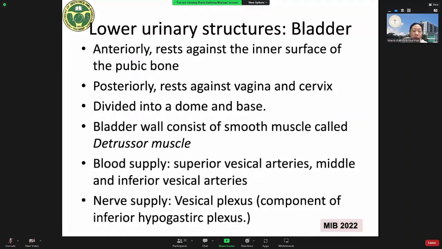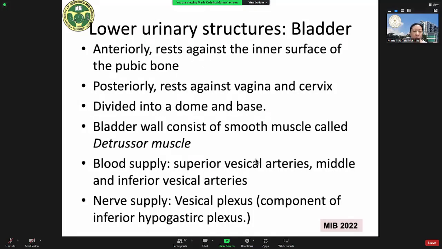Okay, let's proceed with the adjacent organs to the internal genital organs, such as the bladder and the ureter. We know that the bladder rests anteriorly against the inner surface of the pubic bone. Posteriorly, it rests against the vagina and cervix. The bladder is composed of the dome and a base.